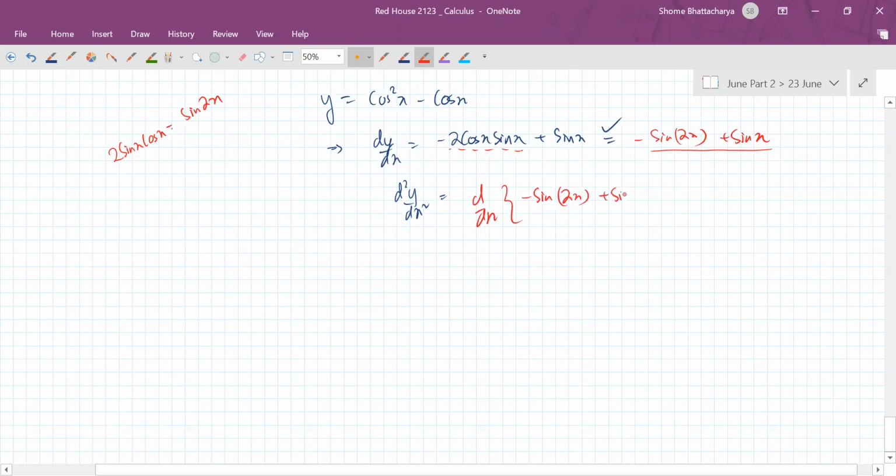Yes, sir. So when you differentiate this term, the first term is differentiation of minus sin, so that is minus cos 2x. But there'll be a chain rule, so there'll be a multiplication by 2. Got it now? Yes, sir, got it. And differentiation of the second term is cos x. So that's how we are getting minus 2 cos 2x plus cos x. That is how we are getting the second derivative as this.